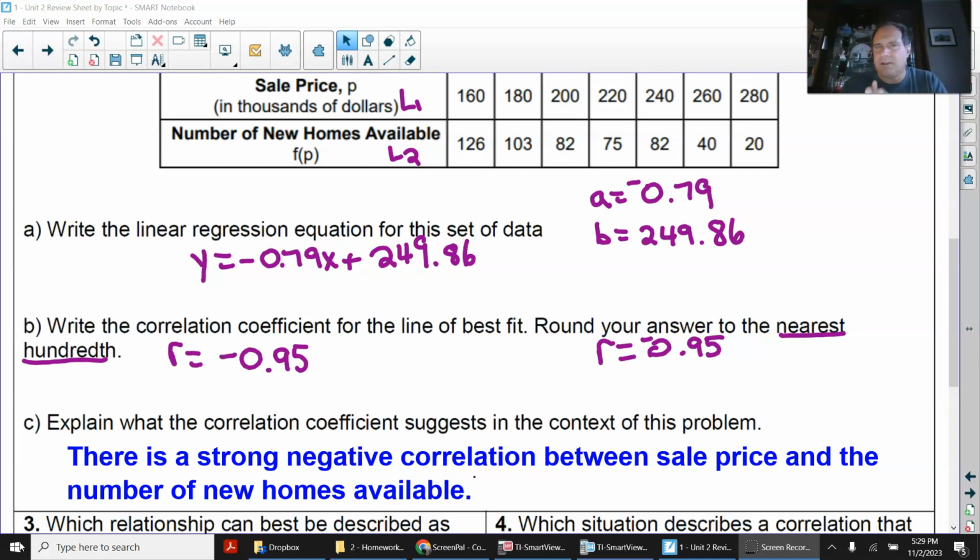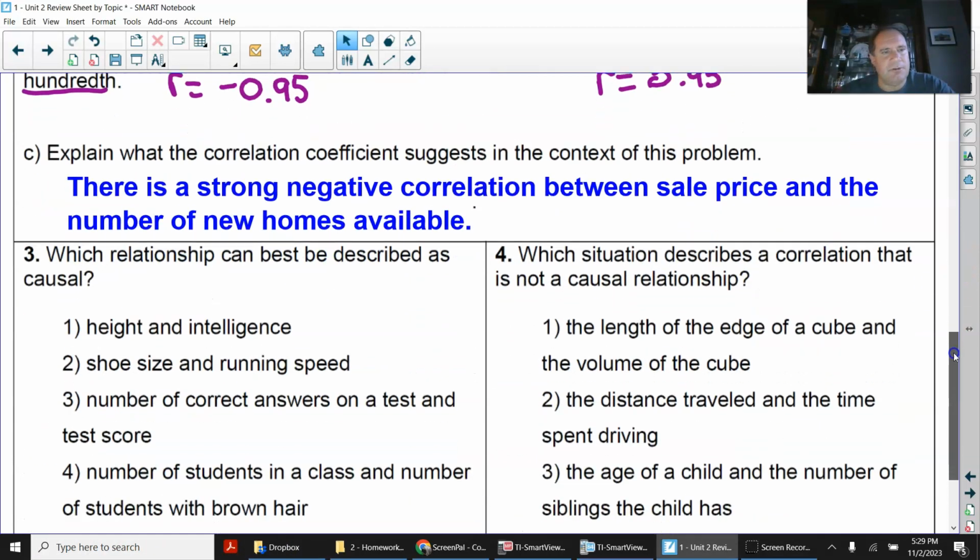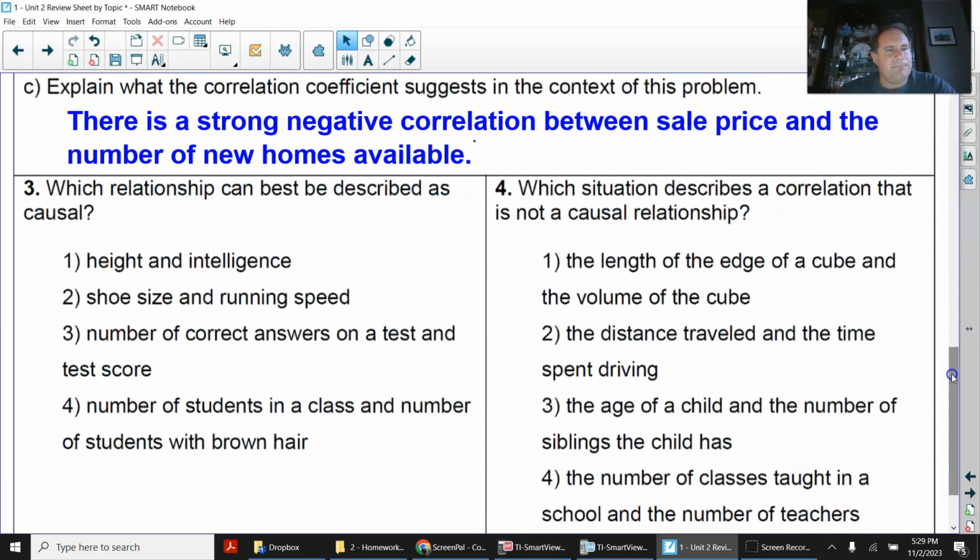If you put very strong, that's fine also. It is very close to -1. So you just have to say strong negative correlation between sale price and the number of new homes available. Just take a look at the table and then just write down exactly what it says. And that is going to get you full credit.